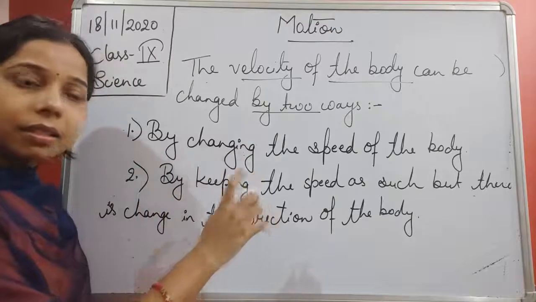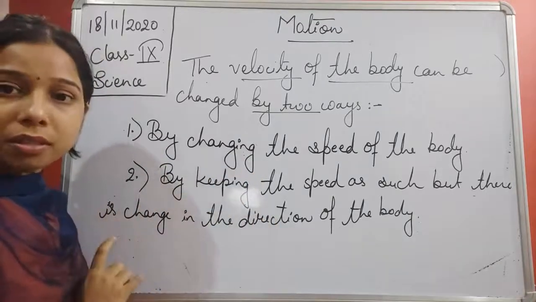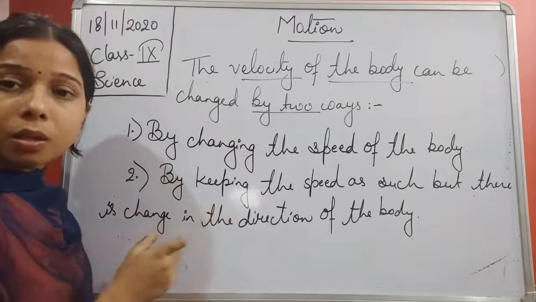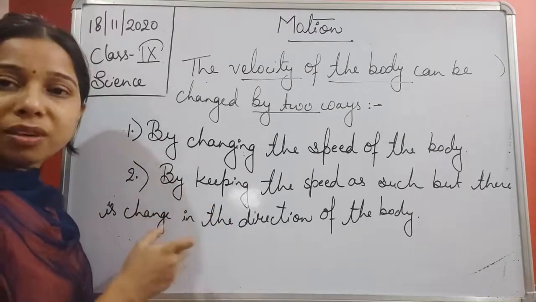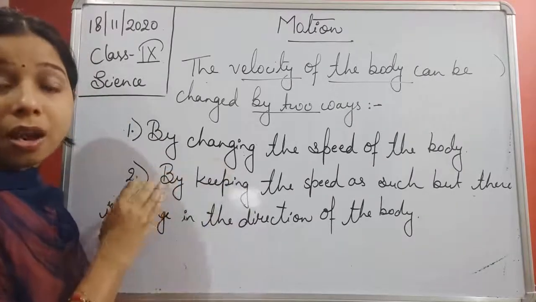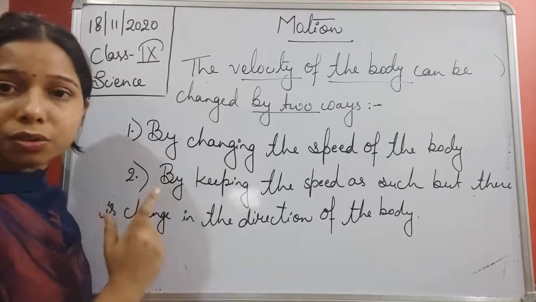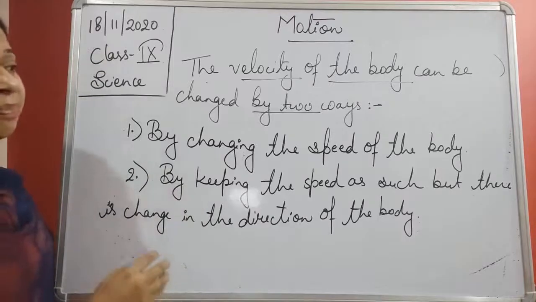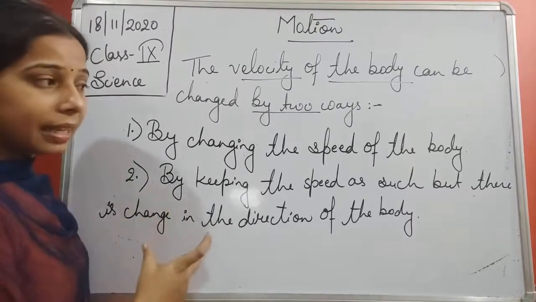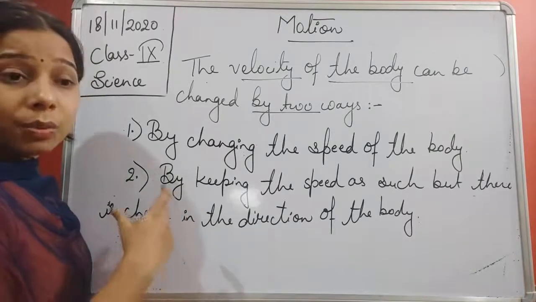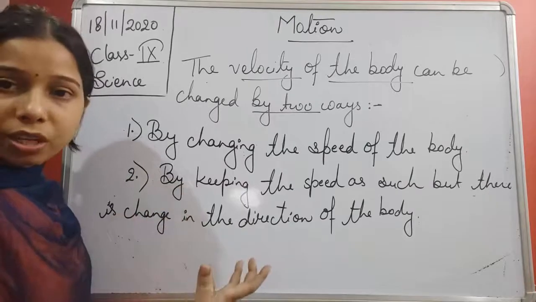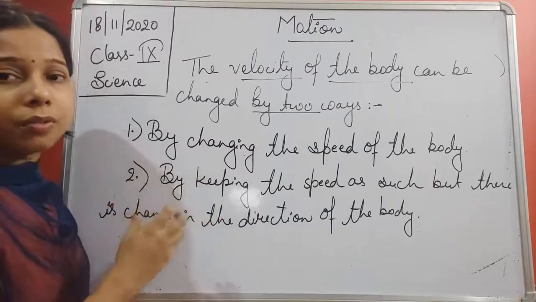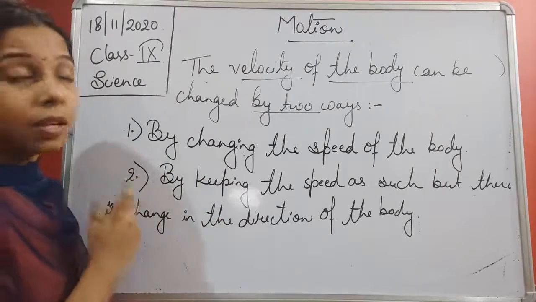So we discussed what uniform velocity is and why it is known as constant velocity: if an object is moving in a particular direction and is not changing the direction, and the speed of the body is not changing, ultimately it will be a uniform velocity or it will show a constant velocity.